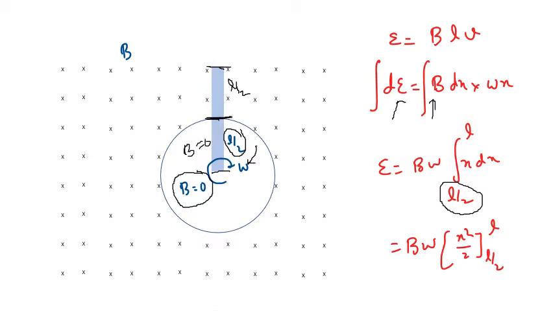The magnetic field starts from L by 2 and ends at L. So the limits will be from L by 2 to L, and you have to integrate this to find the induced EMF. So to put the limits, you have to see where the magnetic field is acting.